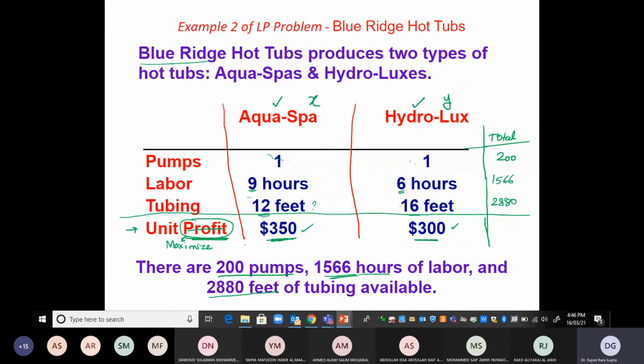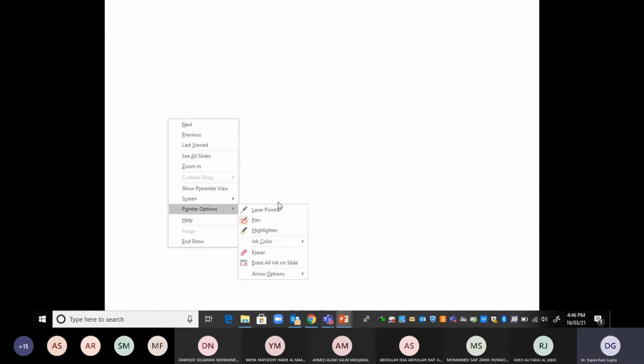When it is mentioned in the table like this, $350, it means that one Aquaspa tub gives you a profit of 350 units. So what we are deciding, we are planning. So let's see the objective function. Now we are doing the formulation.